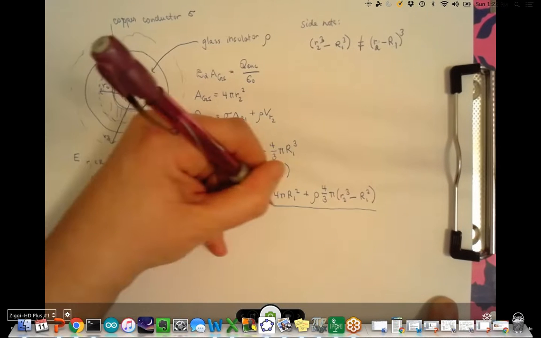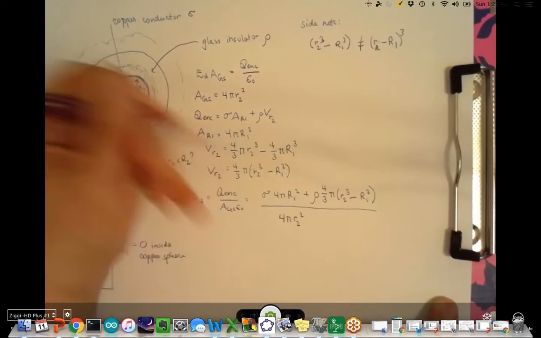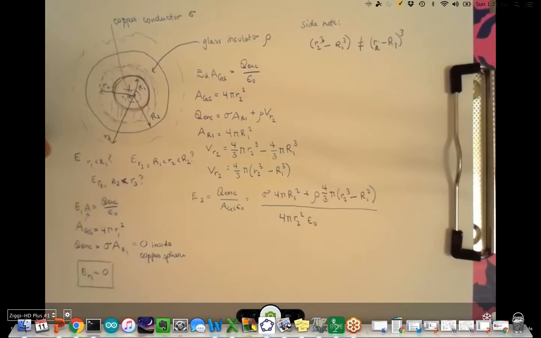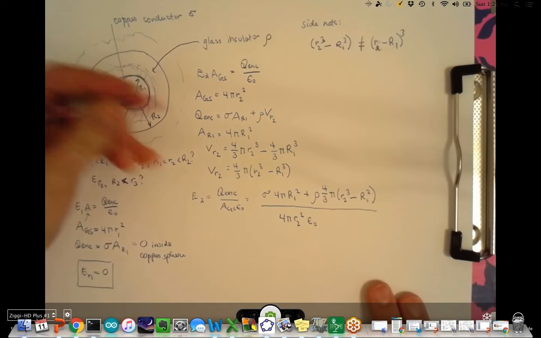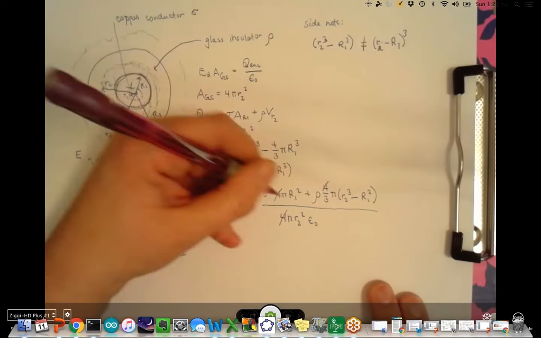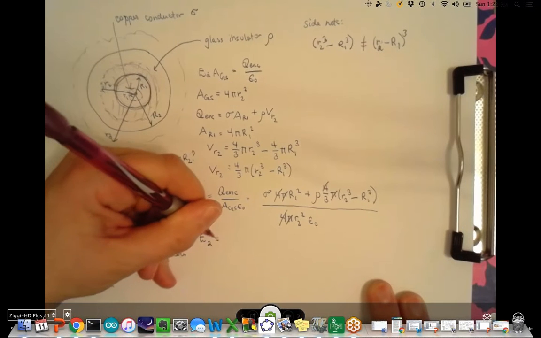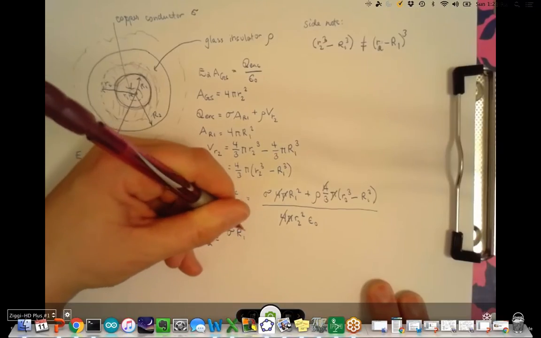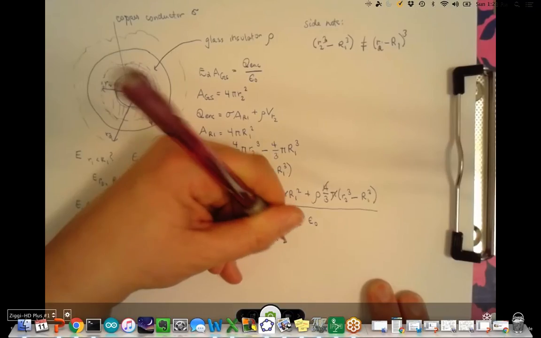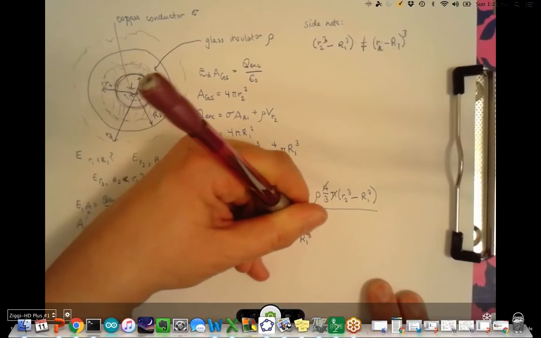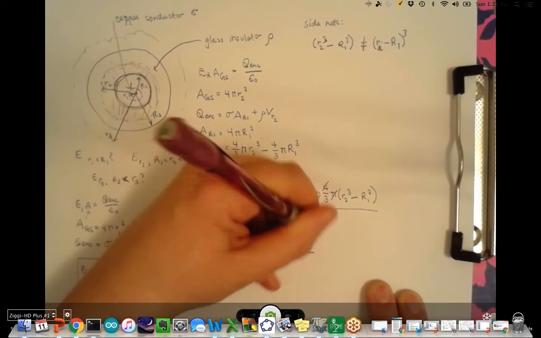And then we're going to divide it by the area of our Gaussian surface, which is 4 pi R2 squared, times epsilon naught. All right, well, let's see. We can cancel a few things. We can cancel out the 4s, and we can cancel the pi's. So the best way we could leave this would be sigma R1 squared plus rho 1/3 times R2 cubed minus R1 cubed, divided by R2 squared epsilon naught.